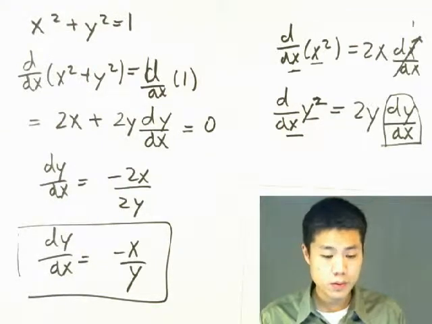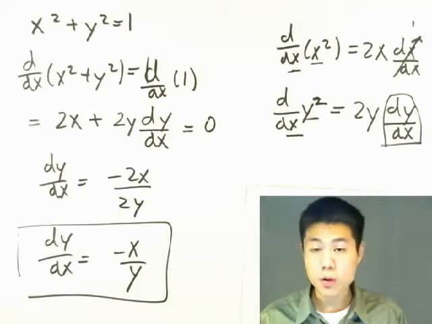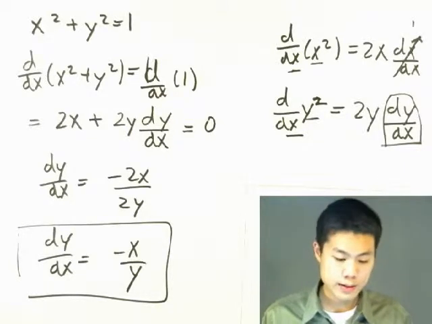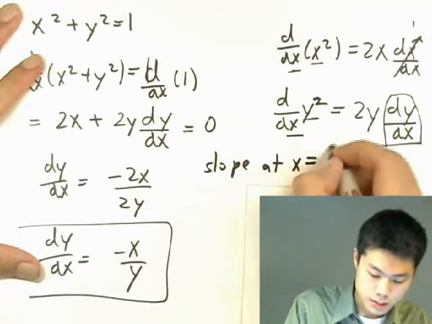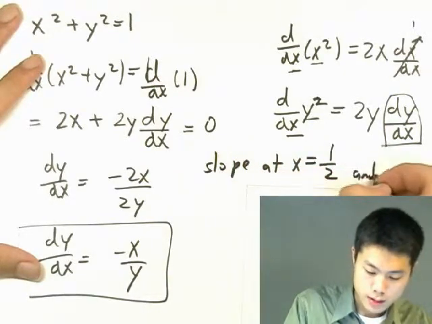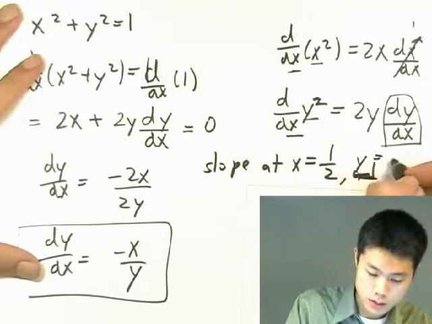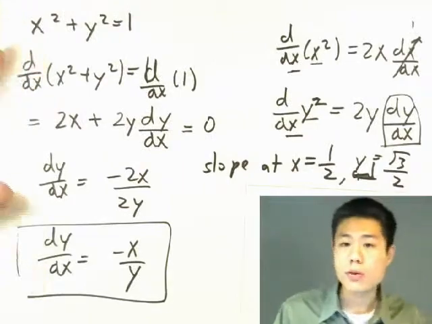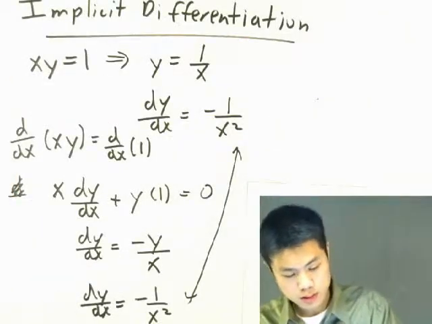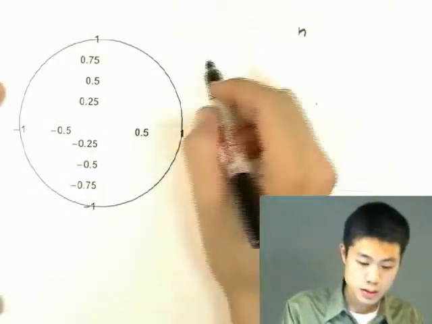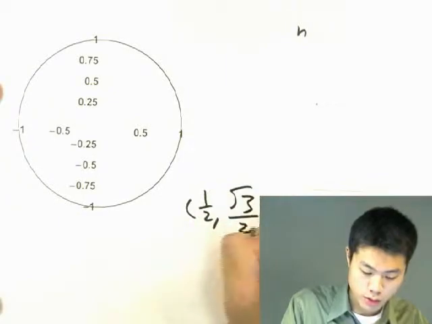Wait, let me ask you, so say I wanted to find the slope at x equals 1/2, comma, y equals root 3 over 2. So I'm looking for the slope at the point (1/2, root 3 over 2).